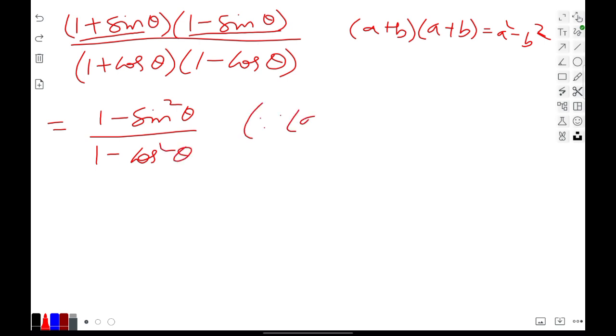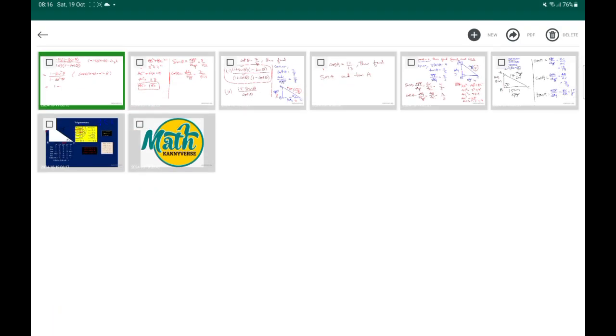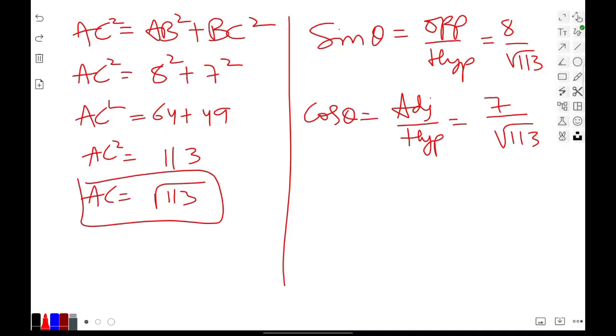Since (a plus b) into (a minus b) is equal to a square minus b square. Alright, so let's substitute the value of sine and cos over here. What is the sine value? We got 8 by root 13 and cos is 7 by root 13, right?